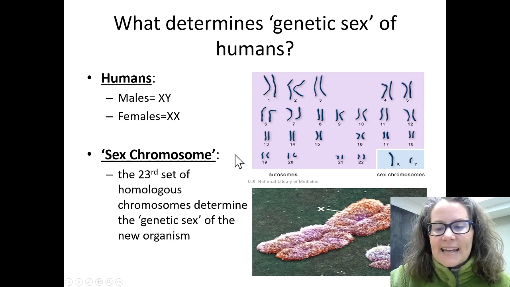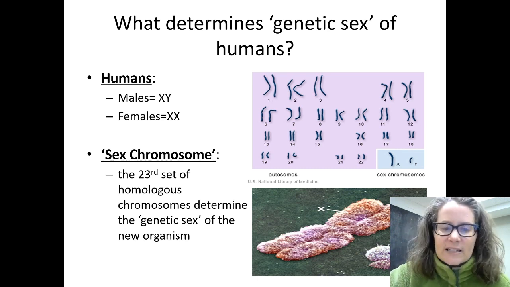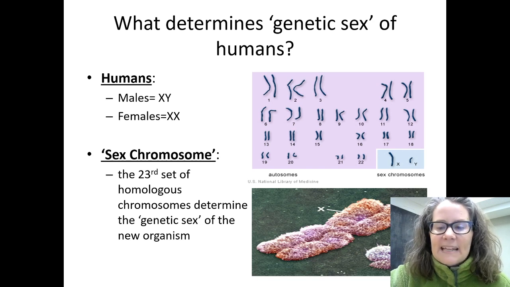I want to pause and say that gender is a construct of many different things, including genetics and environment, society, how you're raised, religion, etc., right? But in genetics class, when we talk about our sex chromosomes, we are talking about this 23rd set, and we are talking about the length of it. So you can see down here, X is really quite long.